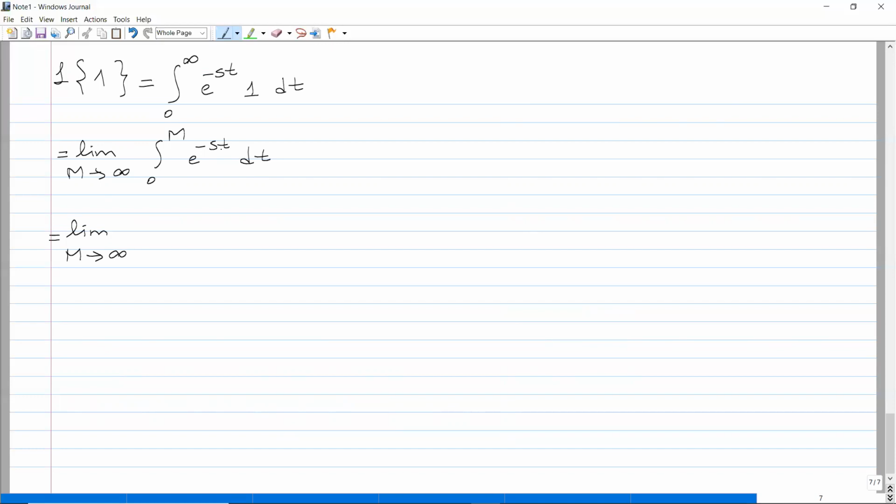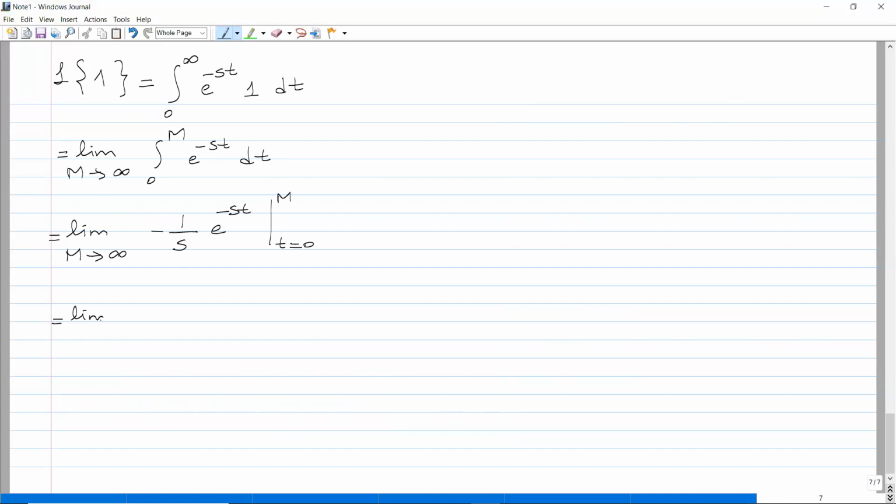I'm integrating with respect to t. So the exponent of the exponential function has minus s in front of t. So I need to divide by minus s, e to the minus st, for t from 0 to m.